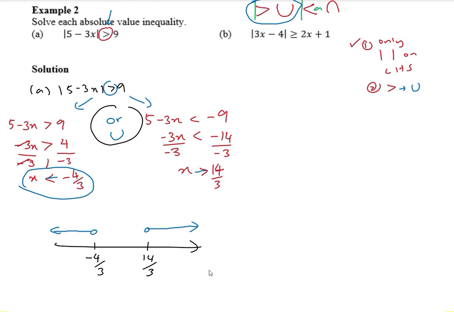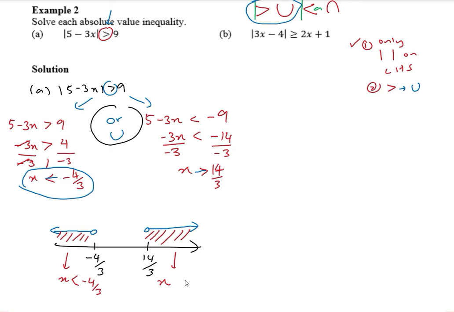As you can see, we have the word or here. Or means all of the answers, so that means it's all of these answers and all of these answers as well. So there's no other easy way to write this answer but to write x here and also x here, and then we have negative 4 over 3, but we go to the left of negative 4 over 3.